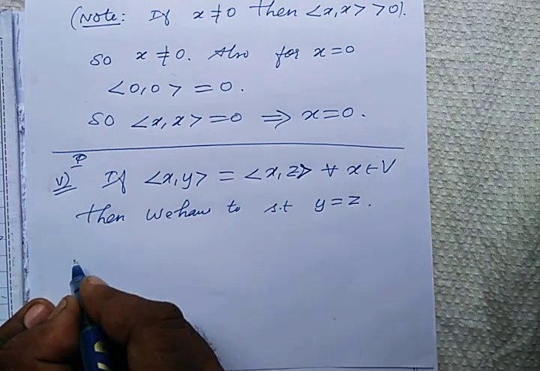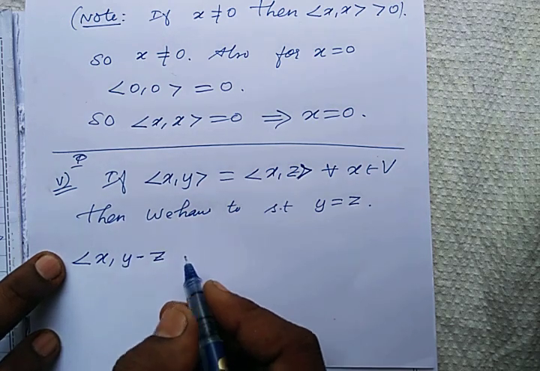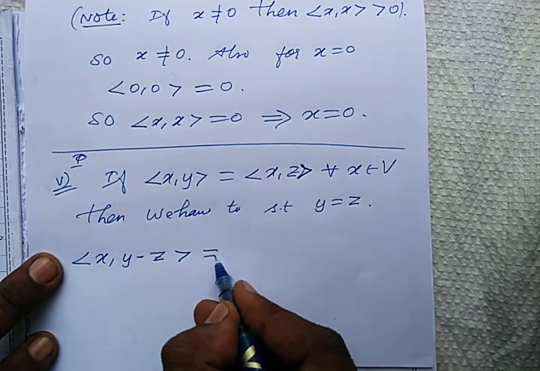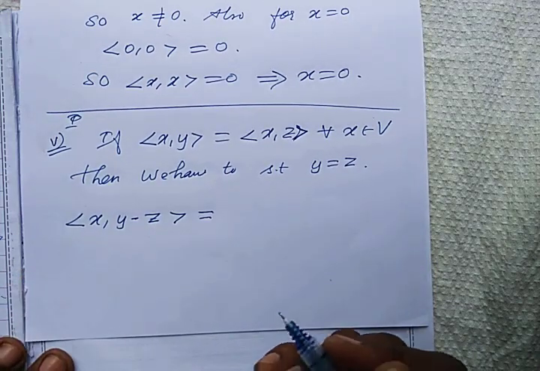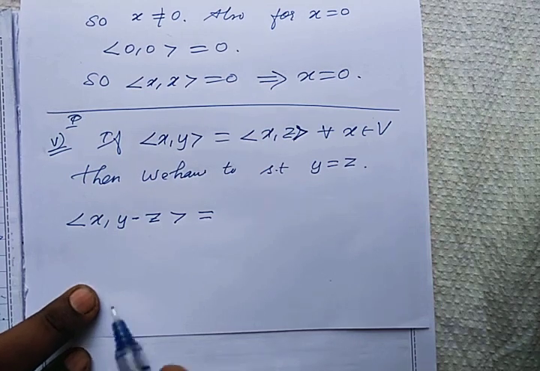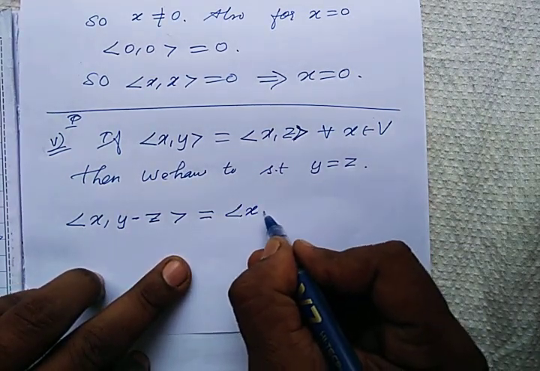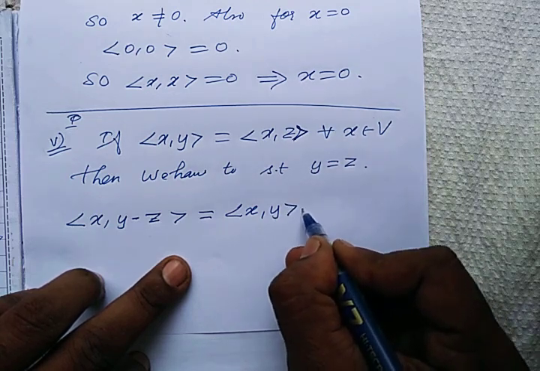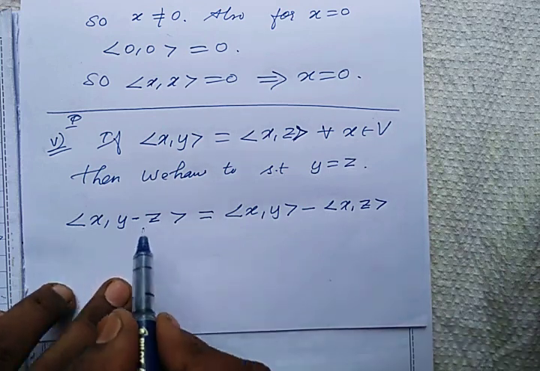Now consider this one, inner product of x comma y minus z. This is equal to inner product of x comma y minus inner product of x comma z, right?